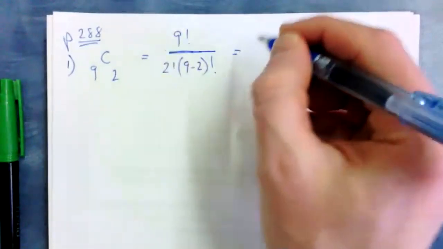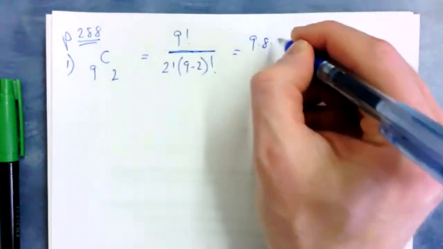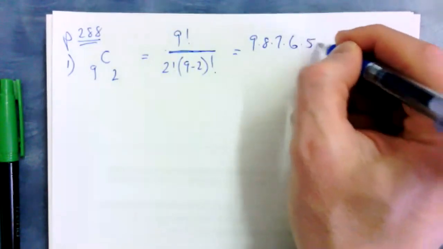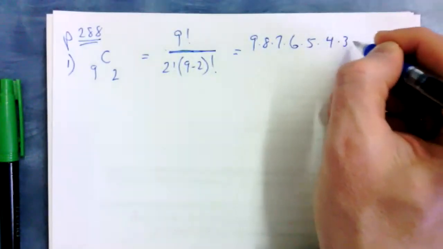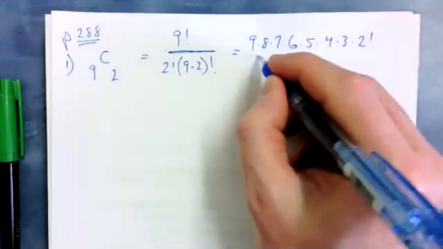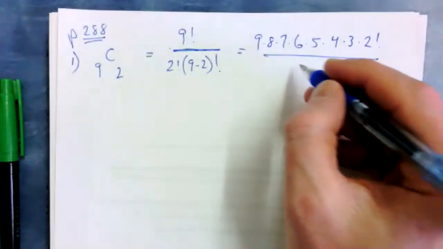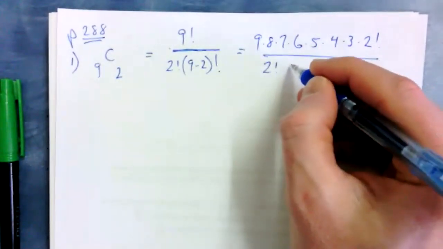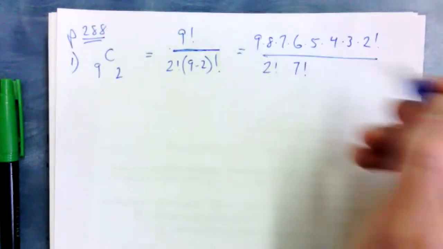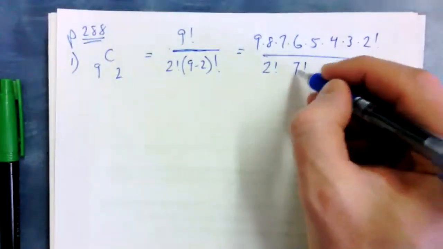As much as possible, I like to not use a calculator if I don't have to. I probably will here. 2 factorial, and then it's 7 factorial because it's 9 minus 2.